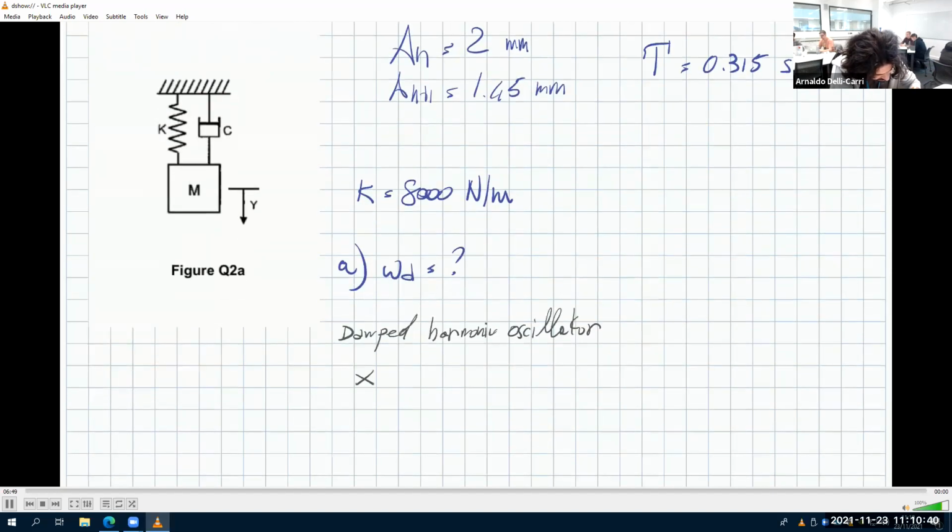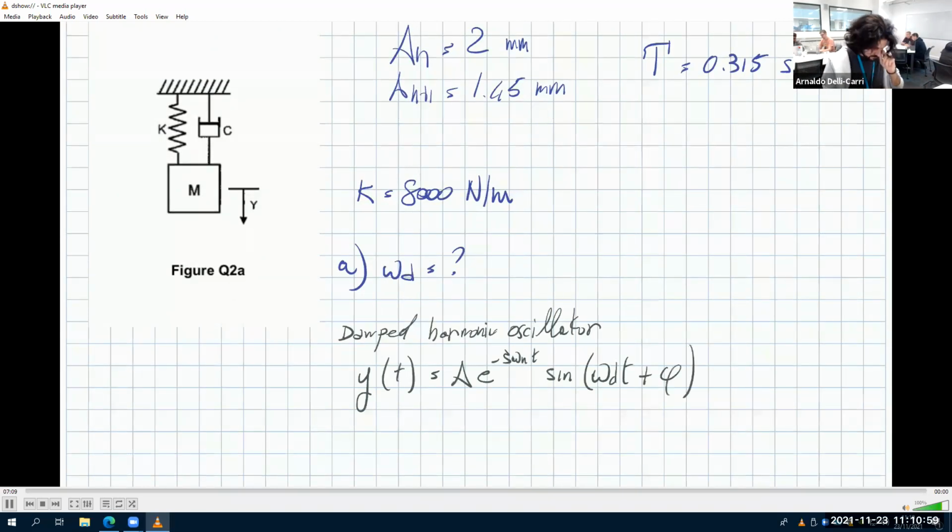The solution x of t, in this case y of t because it's in the y-axis, is the amplitude times e to the minus zeta omega n t, times sine of omega d t plus phi. You agree with me? This is what you should recall from the theory.